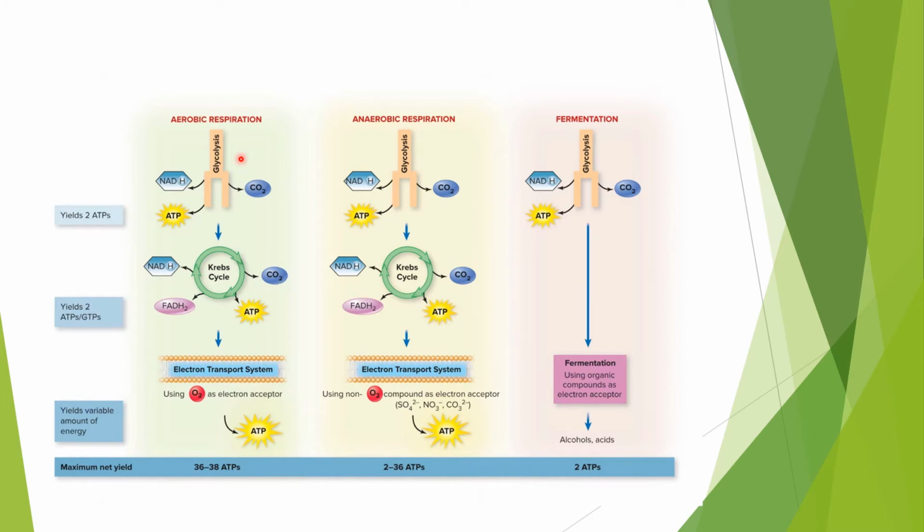Bacteria could choose to go through the pentose phosphate pathway or the ED pathway, okay? But whichever pathway they go through, eventually after that, they're going to go through the Krebs cycle and then the electron transport chain, where oxygen is going to be used as the final electron acceptor, okay?